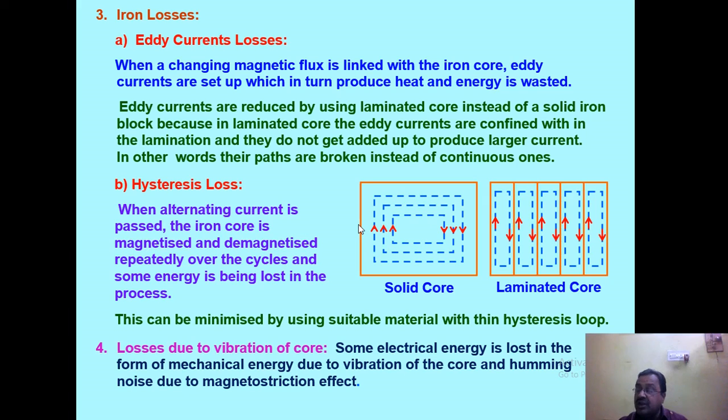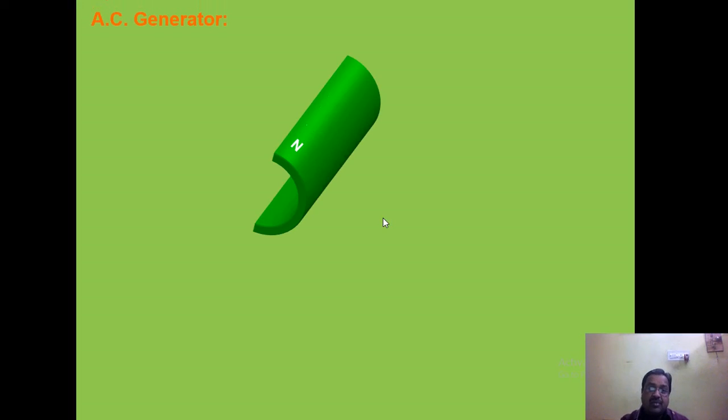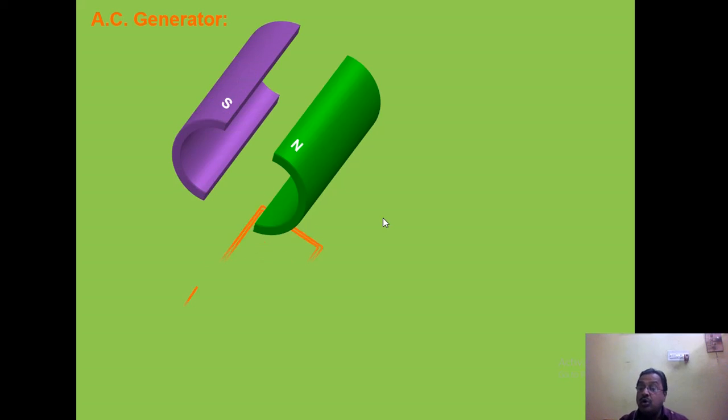This high voltage electricity is transmitted to the distant consuming station, and at the consuming station the voltage is stepped down in different steps, making use of a step down transformer. So at the power consuming station one should use a step down transformer, at the power generation station one should use a step up transformer.